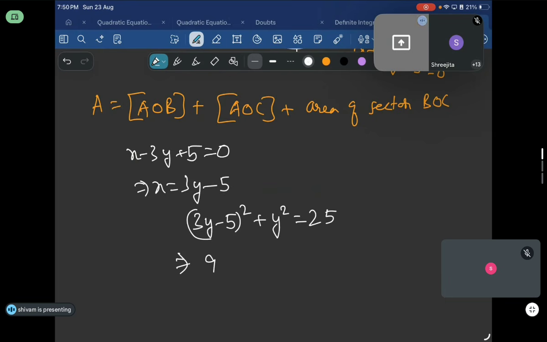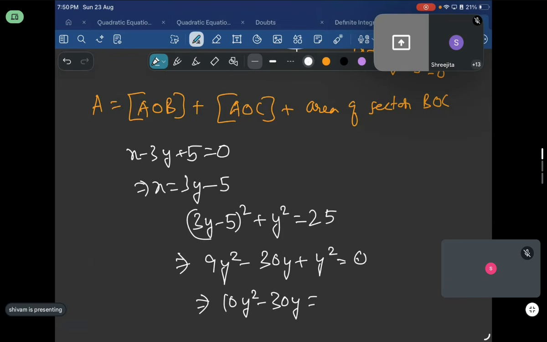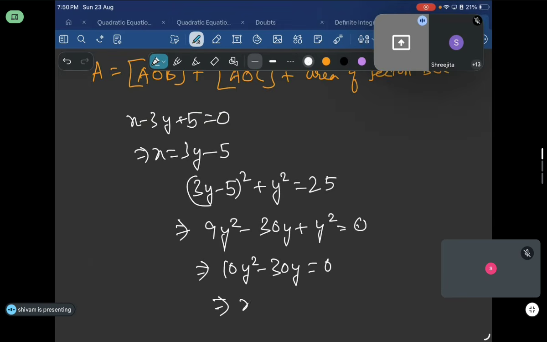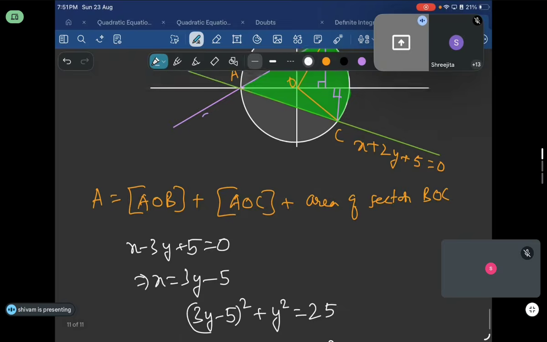So from here we get 9y square minus 30y plus y square is equal to 0, as the 25 gets cancelled. So 10y square minus 30y is equal to 0. Over here we get y equal to 0, 3. But 0 is discarded, so y has to be 3.